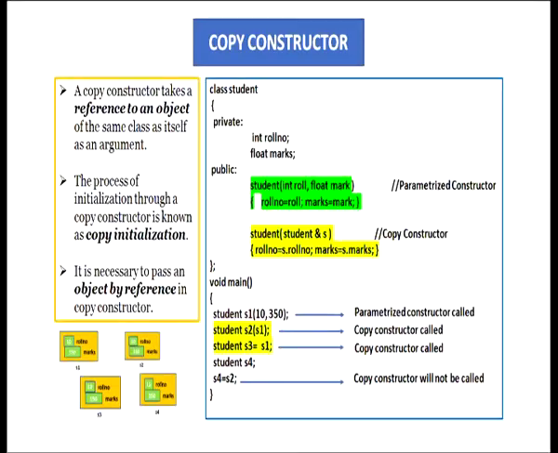So, the process of initialization through a copy constructor is known as copy initialization, and one very important point to be noted is that the object should be passed by reference. If you do not pass the object by reference, then a copy constructor would be invoked again to make the copy of the object.